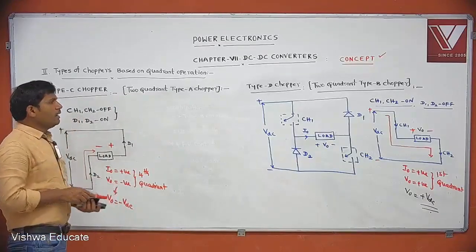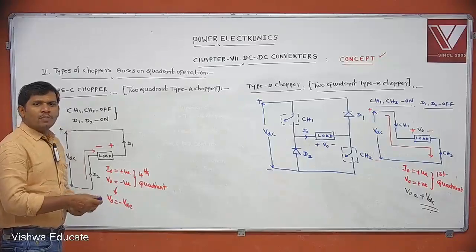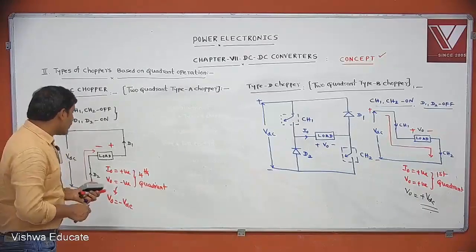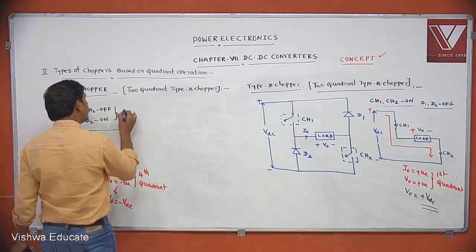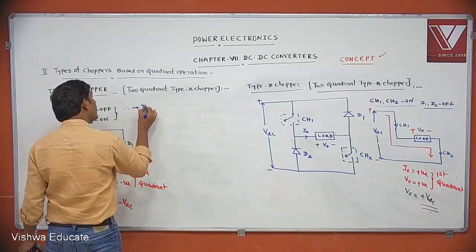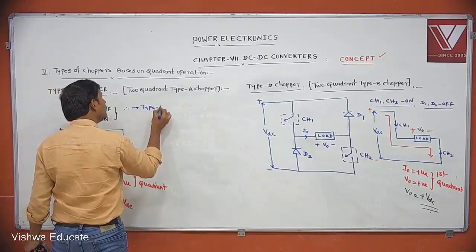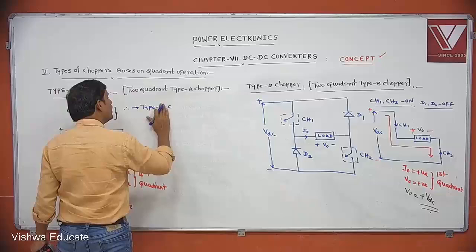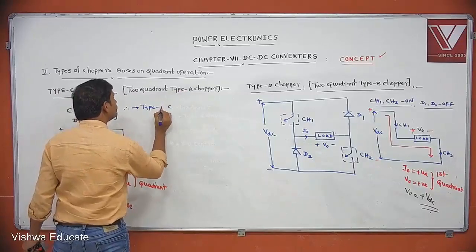Therefore, type D chopper is operated in which quadrant? First and fourth quadrant. Therefore, this is type D chopper.